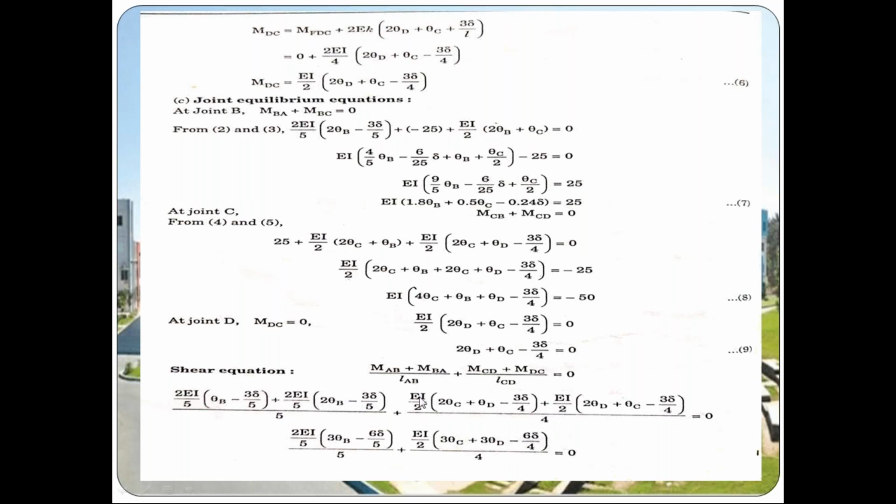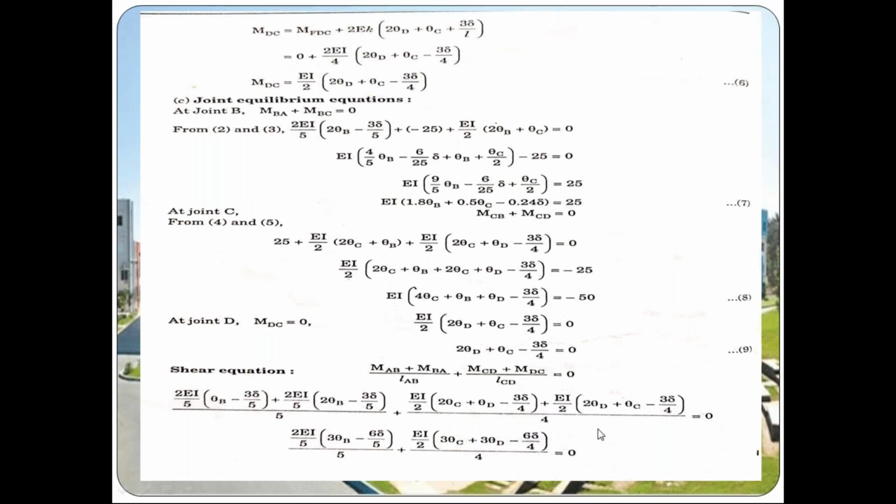MCD is EI by 2 into (2 theta C plus theta D minus 3 delta by 4), plus MDC. They also put MDC in this equation; finally we only have to check whether we are getting MDC as 0 or not. So plus EI by 2 into (2 theta D plus theta C minus 3 delta by 4), the whole thing divided by LCD, the span length of CD, that is 4 meter, equating to 0.